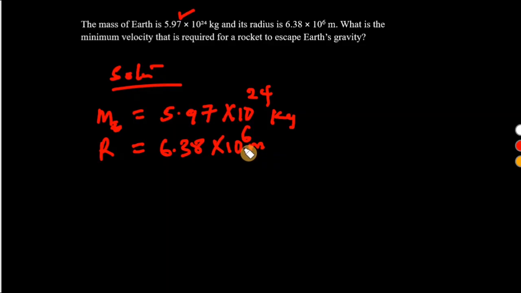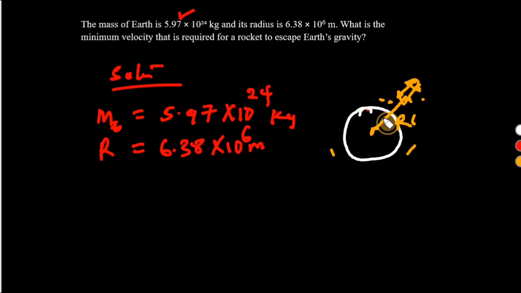What is the minimum velocity that is required for a rocket to escape the Earth's gravity? So if this is Earth and this is the rocket, we want to find the minimum velocity required for this rocket to escape the gravitational influence of the Earth. From here to here is the radius from the center of the Earth.